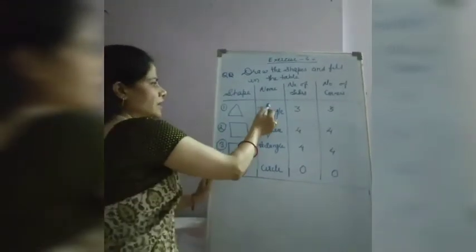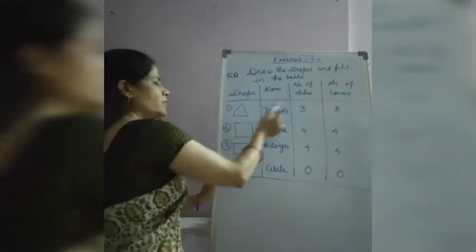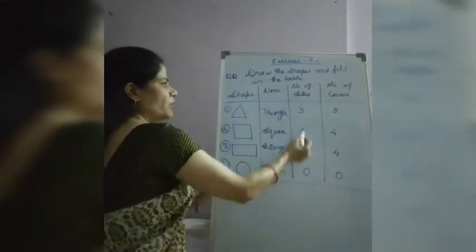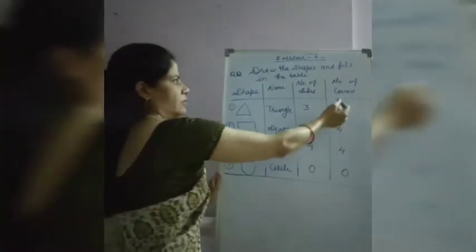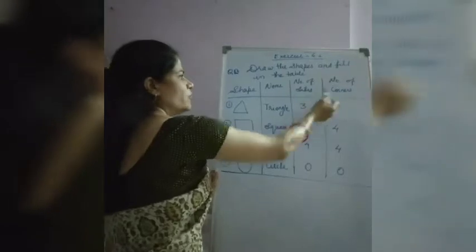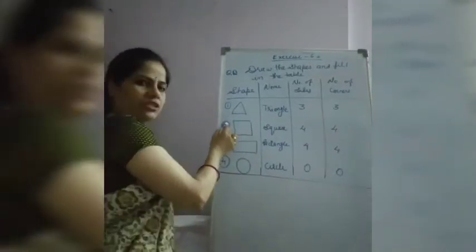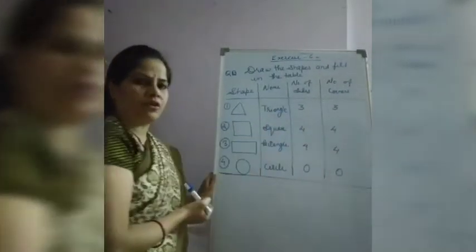So in name you have to write the name of the shape. In the number of sides column you have to count the sides of the shape and write the number of sides. And in the fourth column you have to count the corners of the shape and write the number of corners.